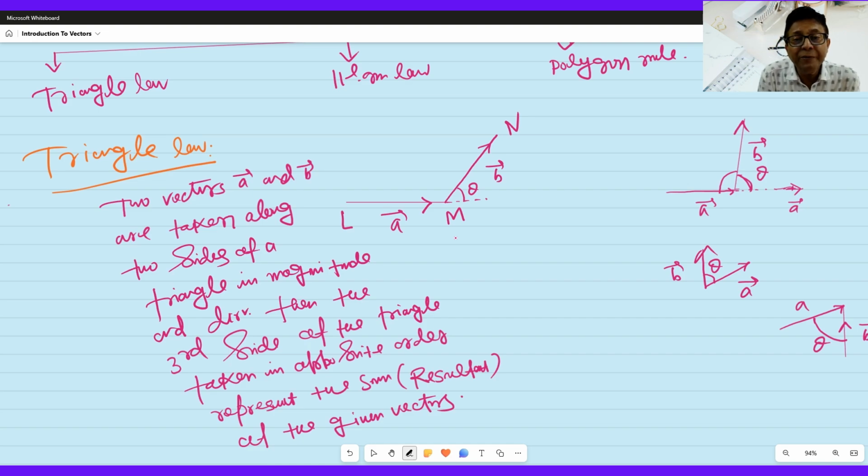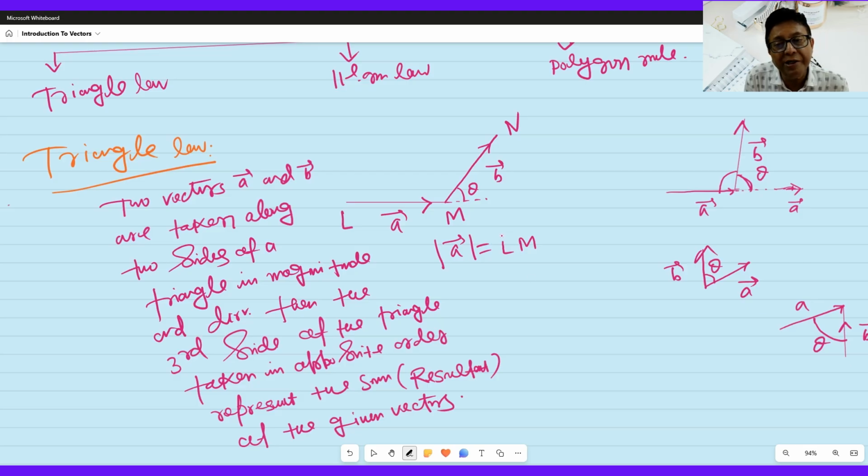So length of LM is actually magnitude of vector A. You will say that LM also has direction. Why you are not writing that? I am telling you one convention.